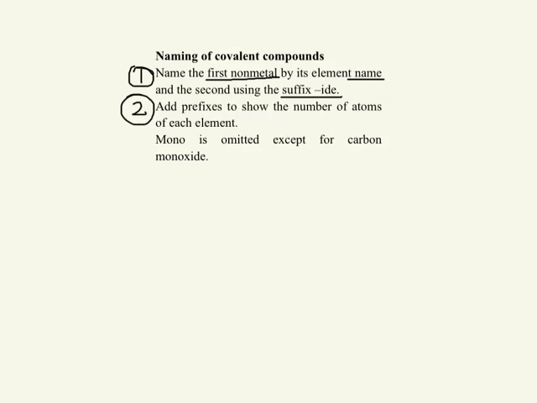If the number of atoms is only 1, then we do not write down mono, except for carbon monoxide. So let's say if we have a compound NO, the first element nitrogen, you're going to name it nitrogen, and oxygen will be oxide. So nitrogen oxide. We have 1 atom of nitrogen, 1 atom of oxygen. For 1 we use mono, but remember we said here mono is omitted.